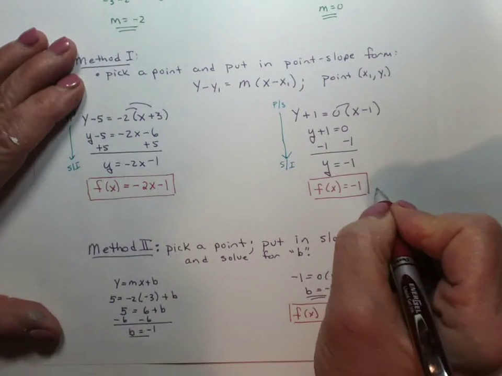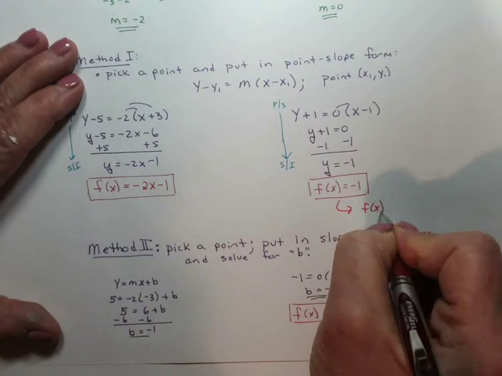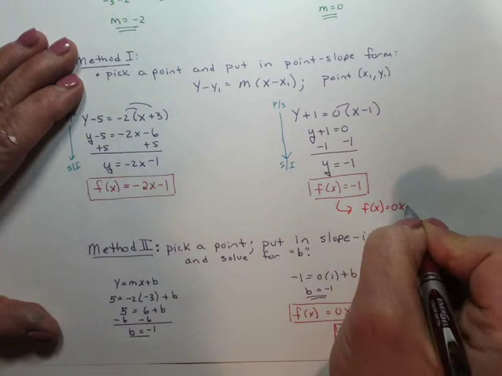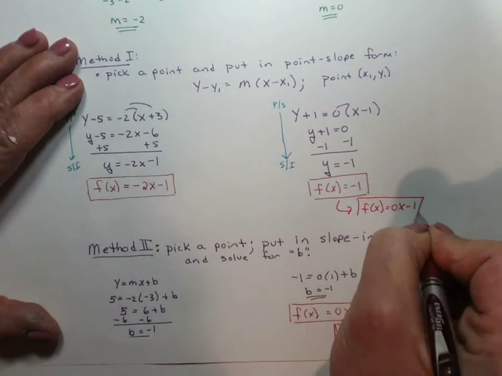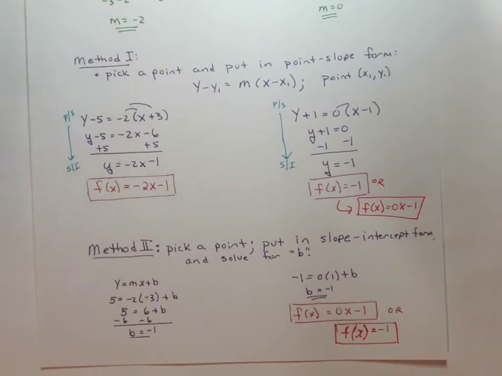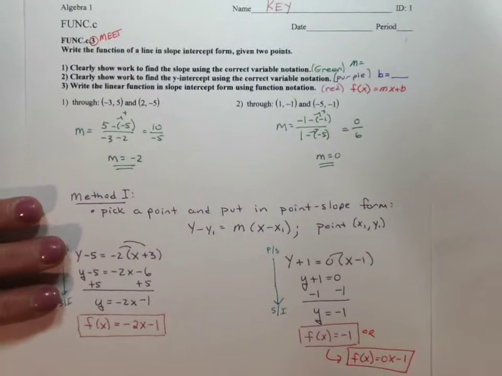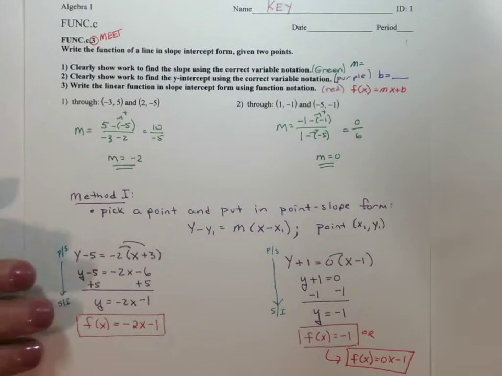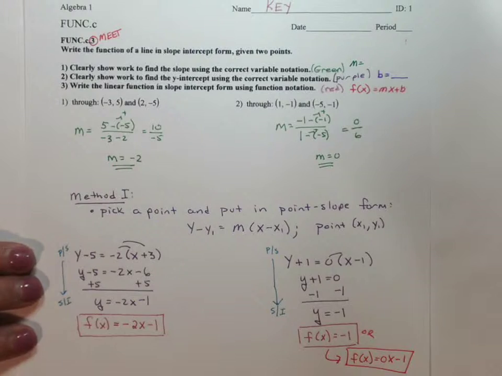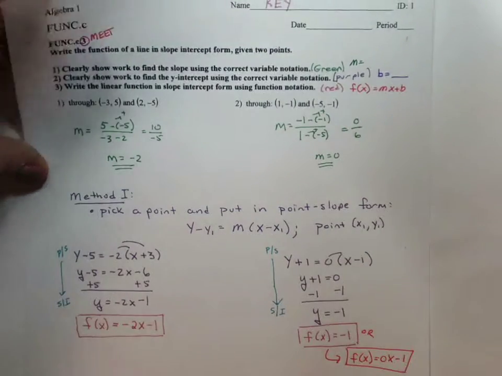And this can also be written f of x equals 0x minus 1. Well, that's the method I teach. I teach this first method. Use the method that you'll meet the standard on.